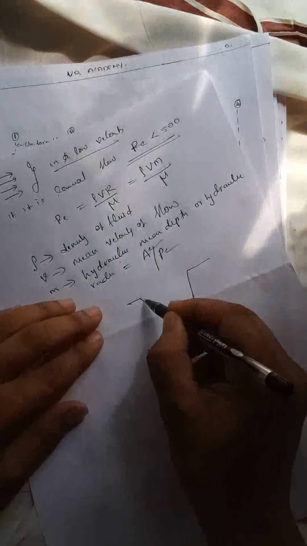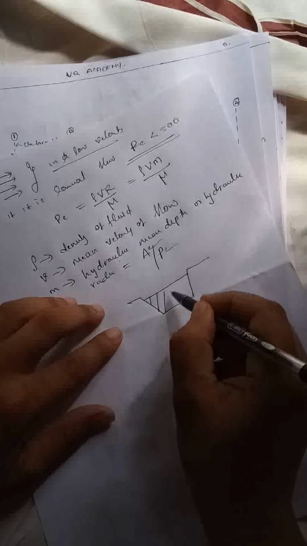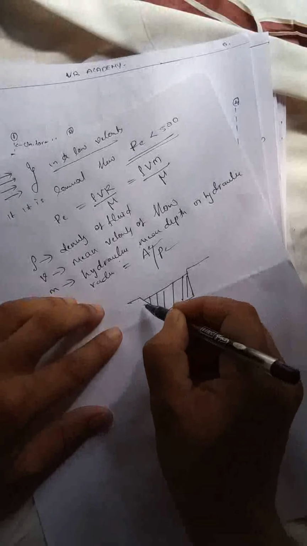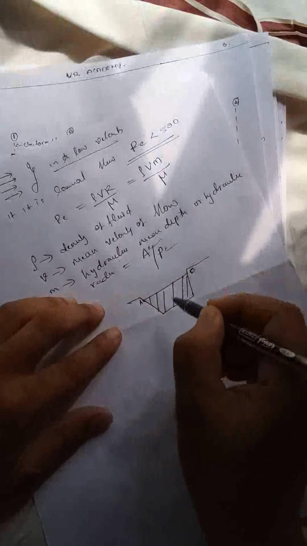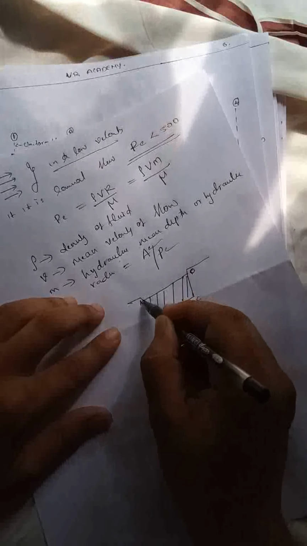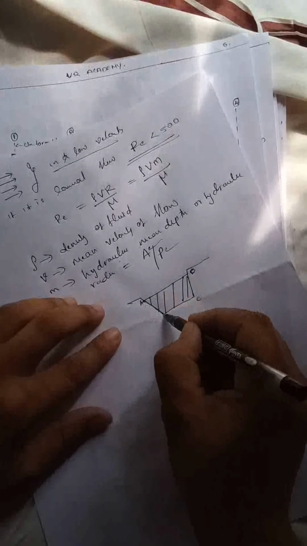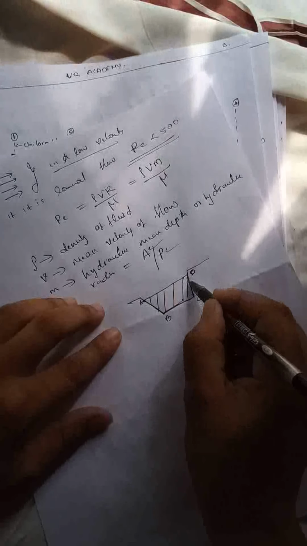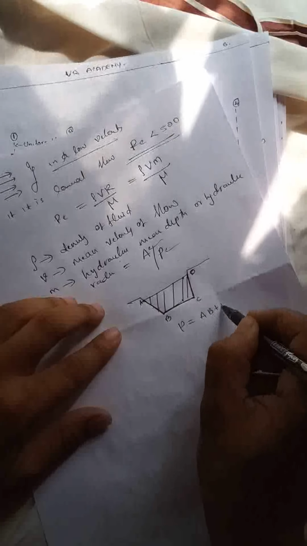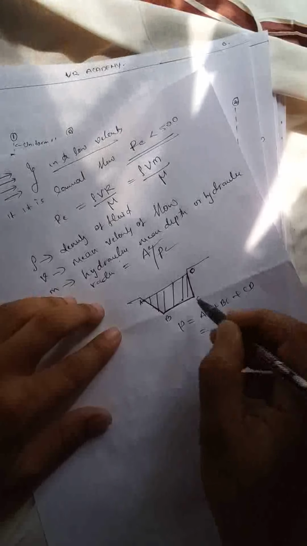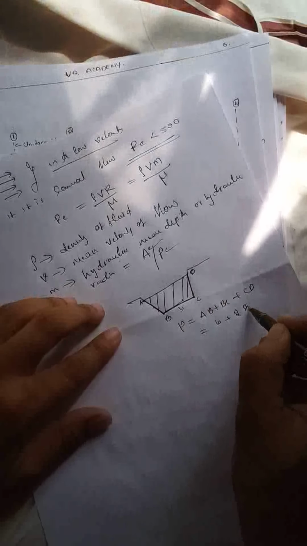Check it here, the wetted area. This shows a trapezoidal section, with the top surface. This is the wetted area. The wetted perimeter runs from point A to D, meaning AB plus BC plus CD, that is, the base width B plus the two sides.